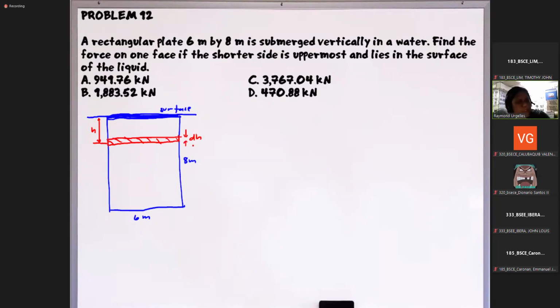Tapos yung width niya, as you can see, rectangle to, constant yung width. So lagi itong equal sa 6 units. So basically, if we solve for the differential area, the differential area here is equal to 6 dh. Okay? Okay ba?